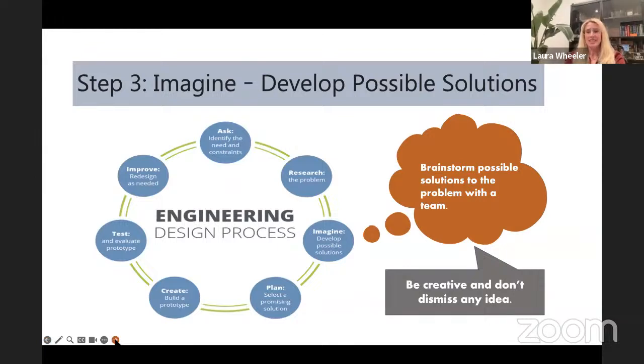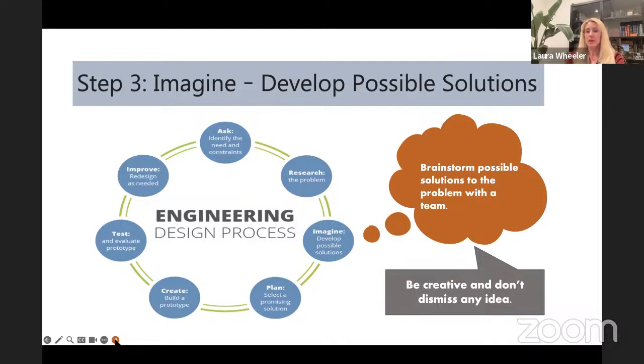So the next stage of the engineering design process is where you will brainstorm, or we would say you can imagine some possible solutions to the problem. And we typically work in teams, engineering being highly collaborative and very social. And you can use your creativity.